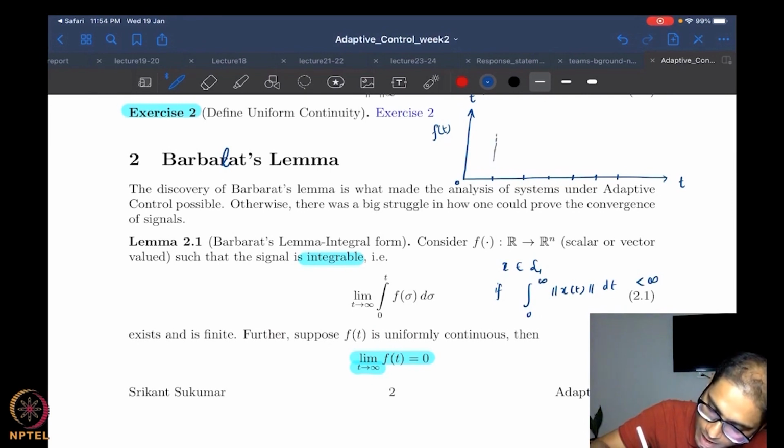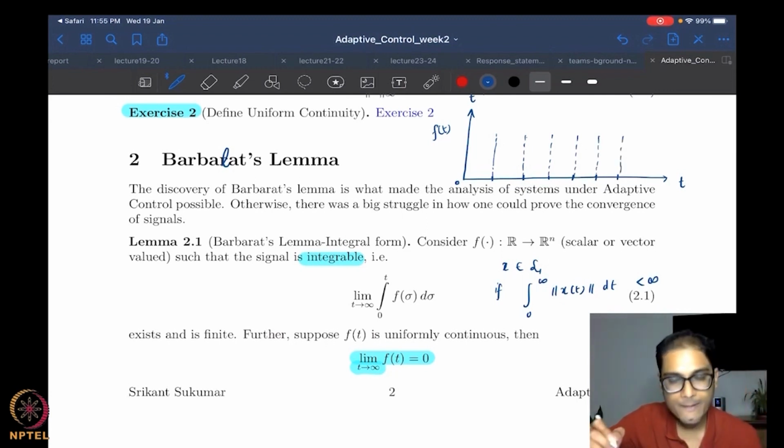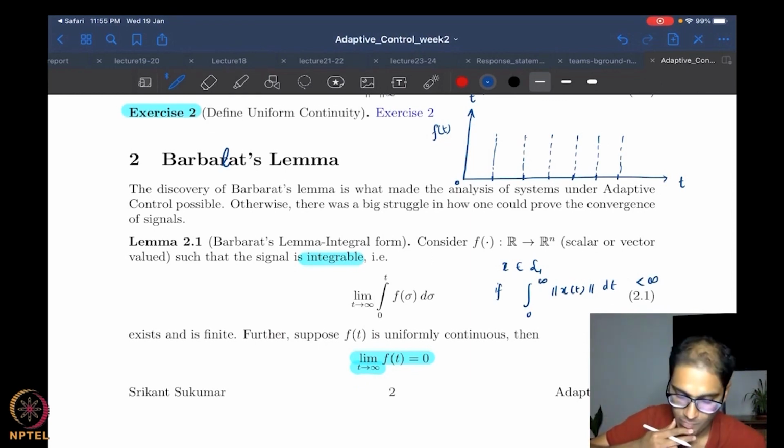I'm carefully constructing this very neat looking function, and I want to make it so that it's integrable. That's the idea.